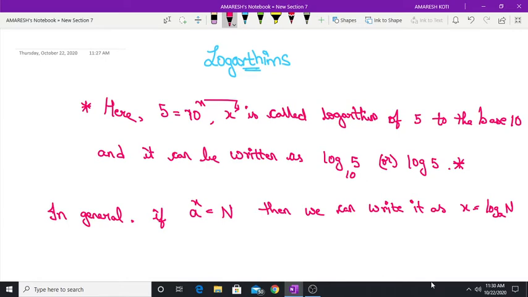See, if a power x equals n, then we can write it as x equals log n to the base a.